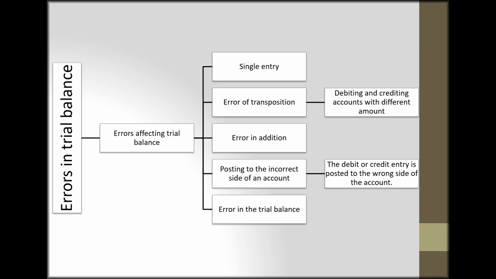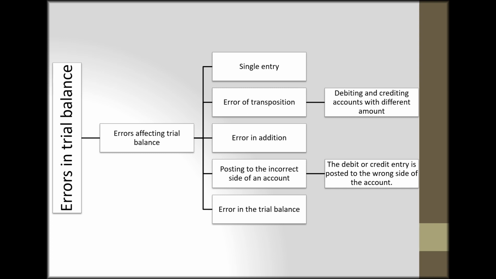For example, using the same example, you should debit cash and then credit capital. But you could probably debit both: debit cash and then debit capital. You post to the wrong side of the account. So at the end of the day, the debit balance will not be the same as the credit balance.